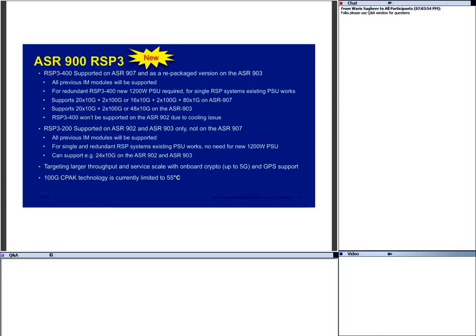Just 48 10 gig. So when was the last time you saw 48 10 gig interfaces on the access and aggregation portfolio? That's the reason I was emphasizing the interface density when I talked about RSP3.